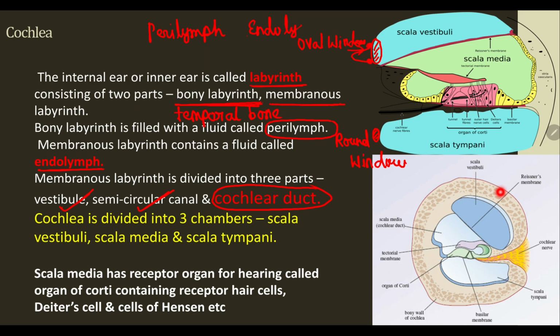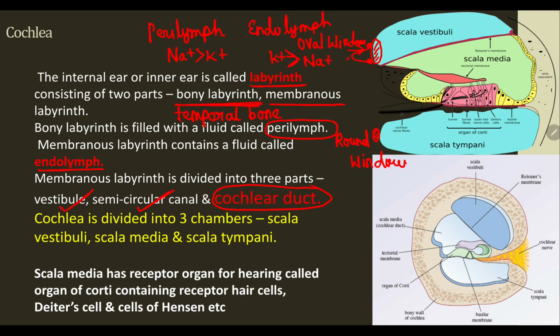What is the difference between this perilymph and endolymph, students? Perilymph is rich in sodium ion and has less potassium ion. But endolymph is very rich in potassium ion and has less sodium ion. So the concentration of potassium ion is more in endolymph and less in perilymph.